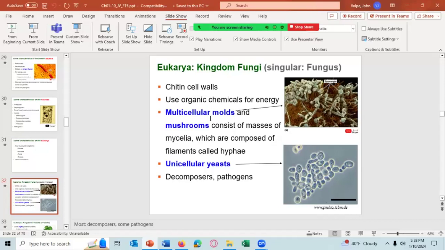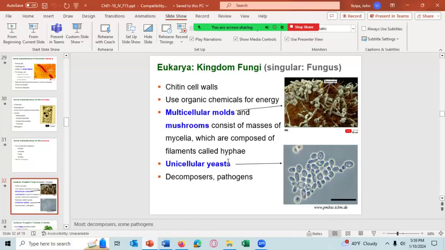The fungi can be multicellular molds where they grow in a mold mass, or a mushroom, which consists of masses of mycelia. The point is, the mushroom is multicellular, but the fungi can be unicellular, such as the yeast, shown here. All yeasts are unicellular.